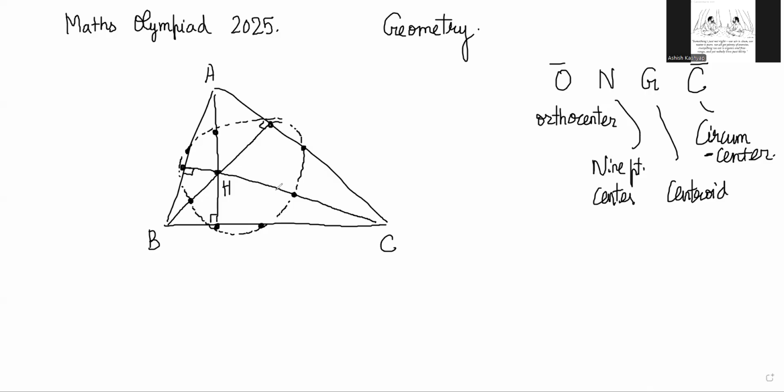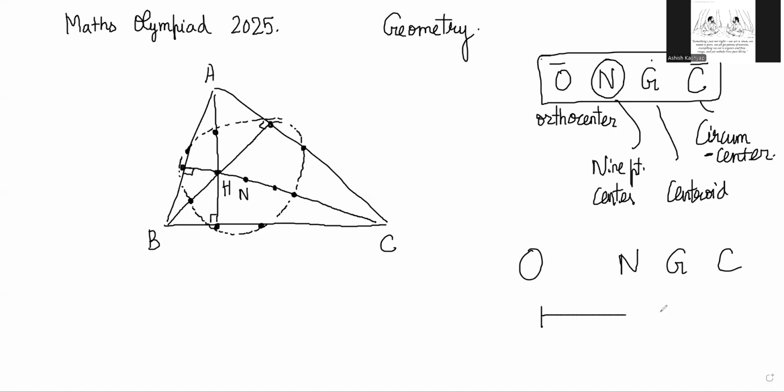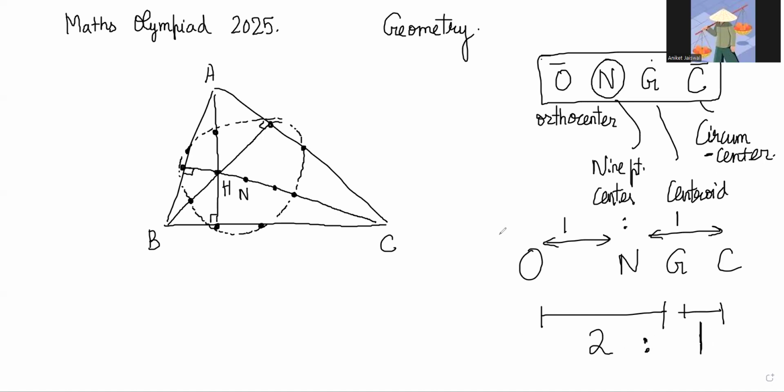Orthocenter and circumcenter lie on a line, and the center N is here. Obviously orthocenter, centroid, circumcenter, and N, all 4 of them lie on a line. The 9-point center is the midpoint of the line. So it is like this, O N G C. This is 2, this is 1, 2:1, and this is half, and this is half, 1:1. Do you understand?